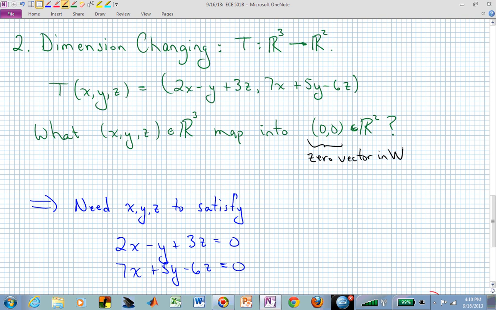If we can find combinations of x, y, and z that satisfy these two relationships, then those values of x, y, and z would actually be in the null space of this linear operator T. Is that clear? And now we're looking to see, are there combinations of x, y, and z such that that is true?